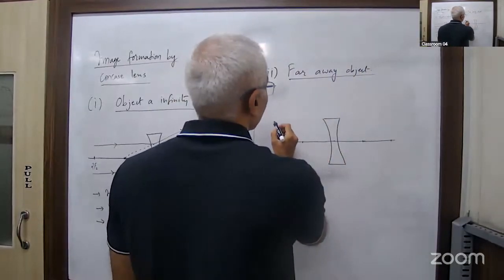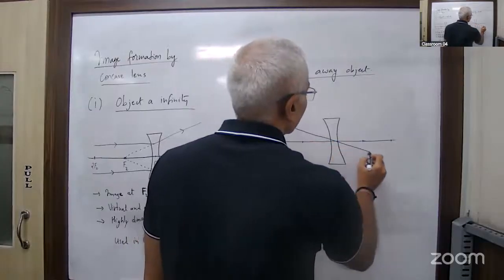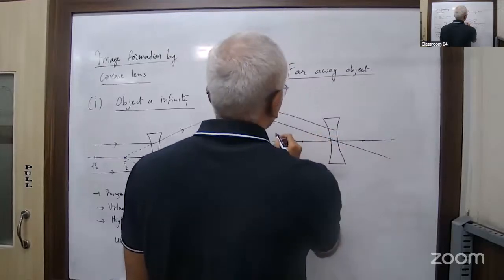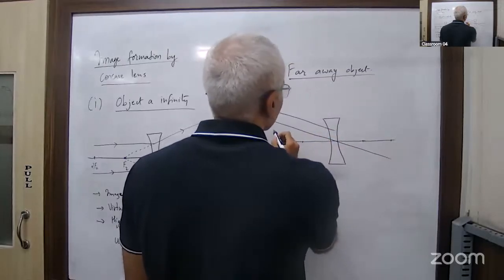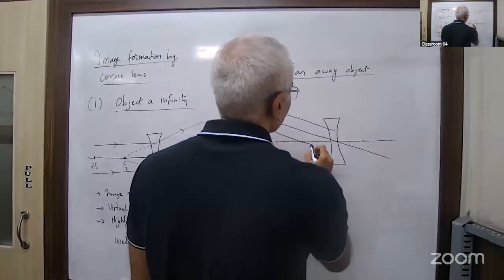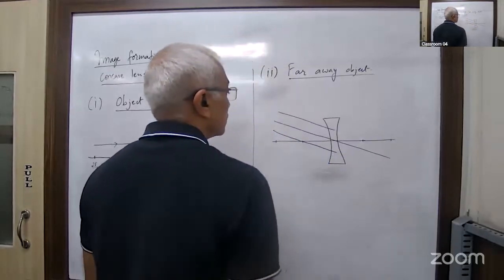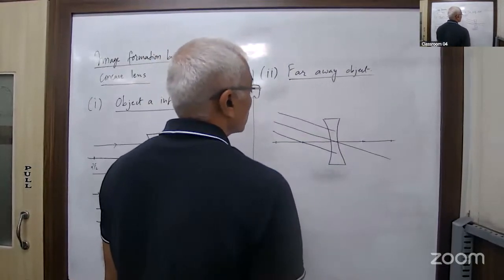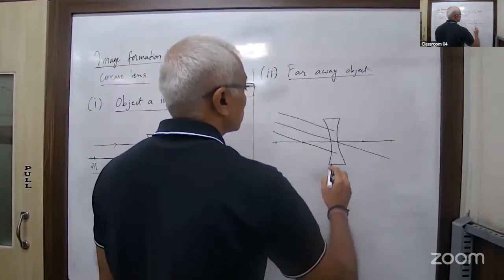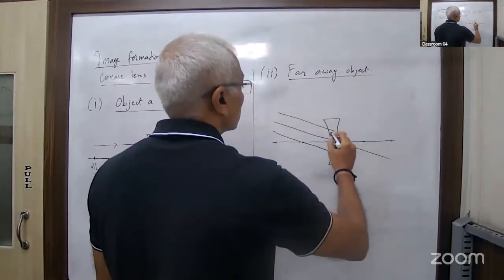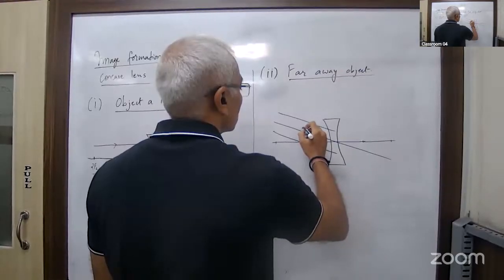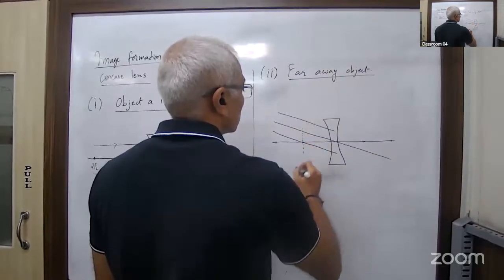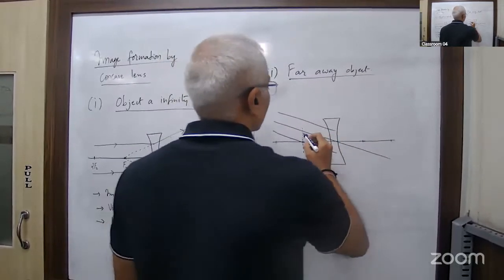So far away, take one ray passing through O, one above and one below. What will happen?